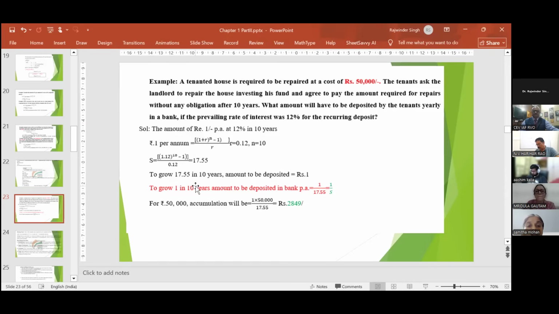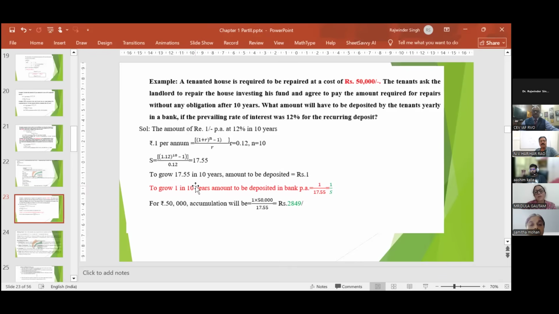See here. Let us suppose they are depositing 1 rupee in the bank for 10 years at 12%. Then how much amount will they accumulate? How will you calculate it? Which formula will you use?